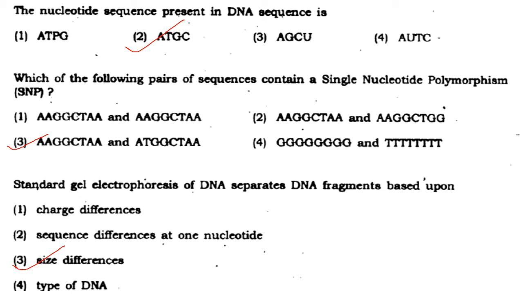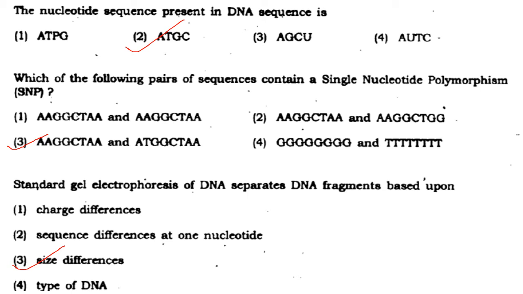Next one. AAGGCTAA and ATGGCTAA. Next one. GGGG and TTTT. Answer is option 3. In SNPs there will be change in only one nucleotide, and that is seen in option 3, where the second A in the first sequence becomes T in the second sequence.